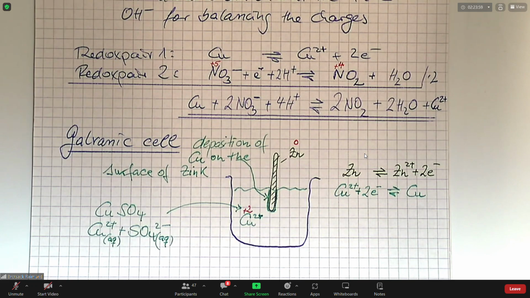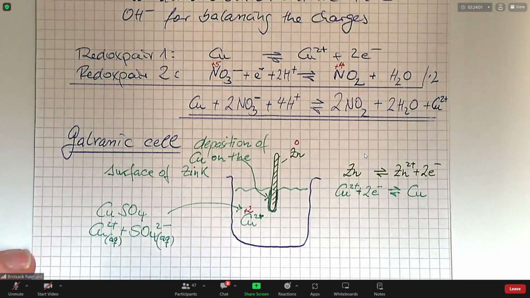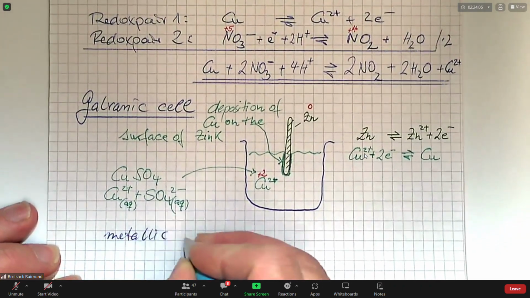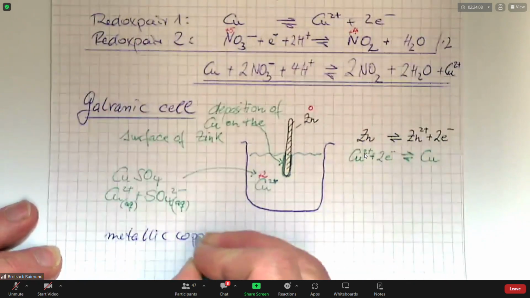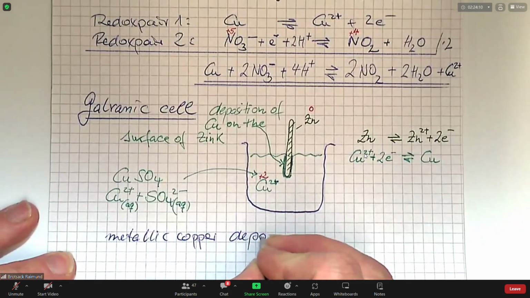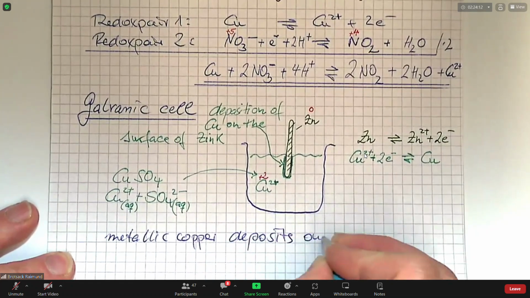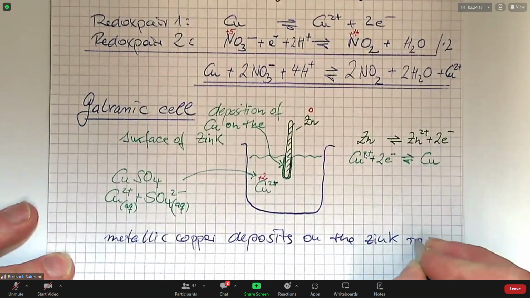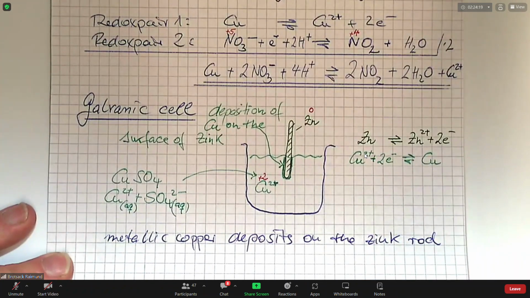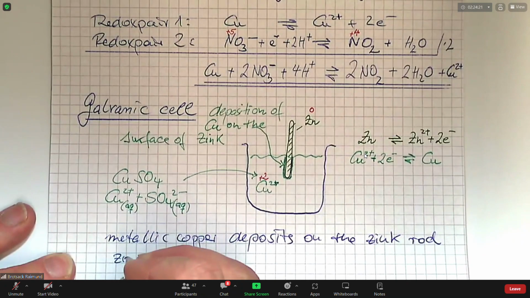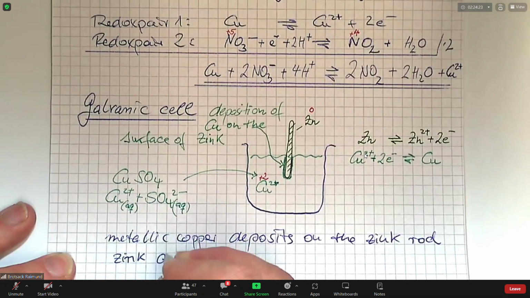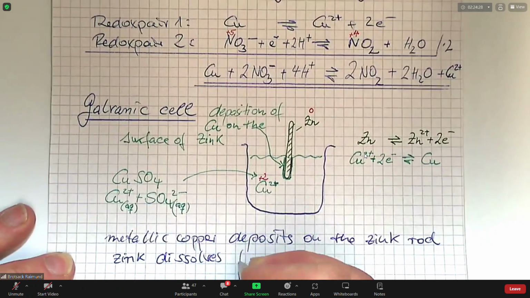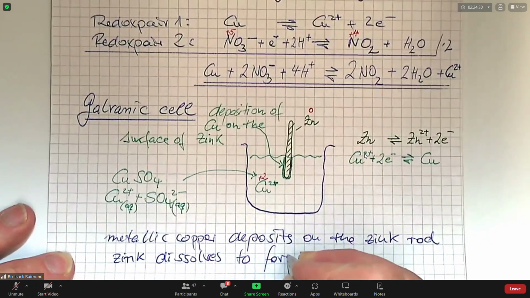So metallic copper deposits on the zinc rod, and zinc dissolves.